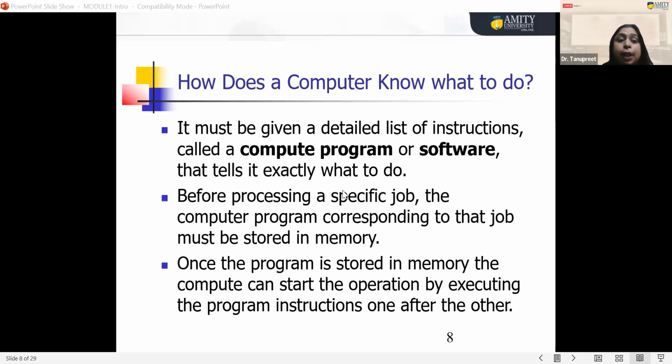Okay, so this is a very important inference which everybody should pay attention to. If a question comes, how does a computer know what to do? Obviously, we, the end users, the consumers, provide the software and the computer programs, which are converted into machine language, a combination of ones and zeros. And that is why they understand. Okay. Yes, R.S. Prasad, you are correct that we need compilers, right? Yes, you are correct.